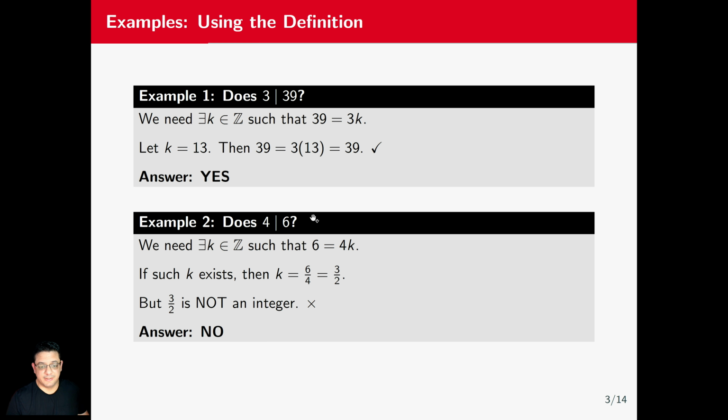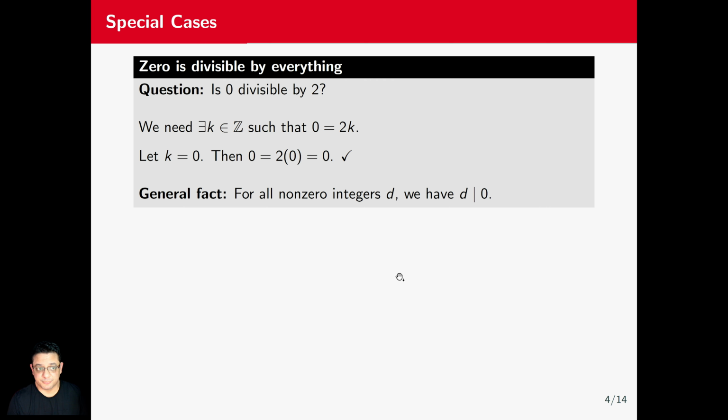Now, does 4 divide 6? Once again, we will need an integer so that 6 can be 4 times k, but that's not going to happen. If we solve this equation, we get k equals 6 over 4, which is 3/2, but this is not an integer, so it's not going to work out, okay? So hopefully that clarifies better when the divisibility doesn't happen.